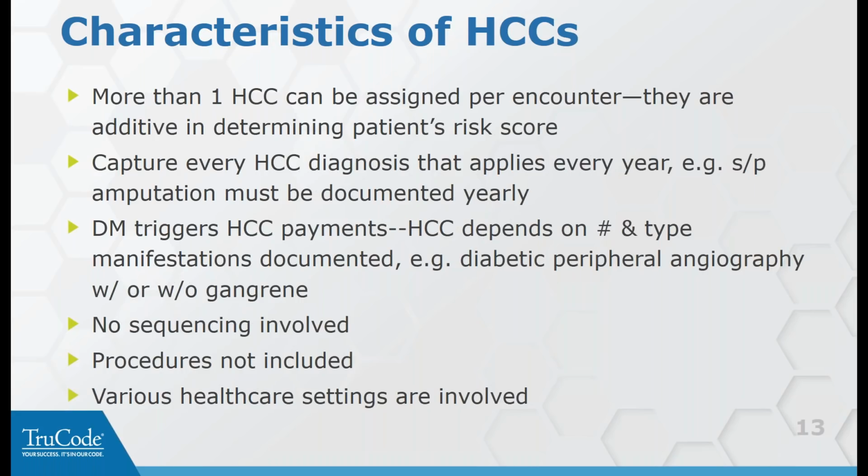So it's important, again, where that specificity comes in, to make sure that it's captured as well as possible, not only in the documentation but in the codes that are assigned.